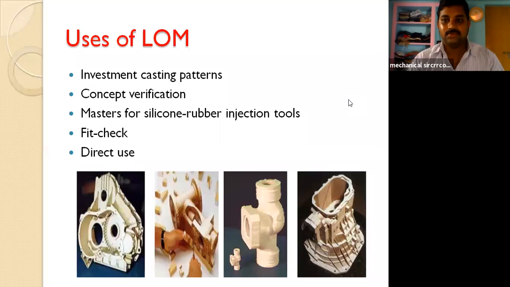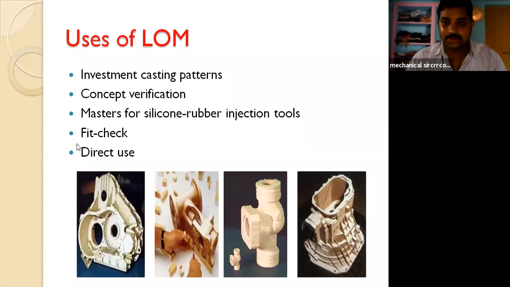Now the uses. One of your friends asked about the applications. Here some of the applications are given. A pipe joint is given here, and in the other case, automobile casings.